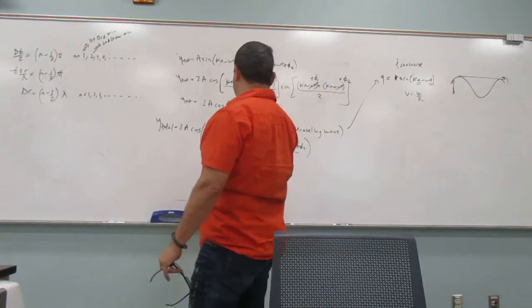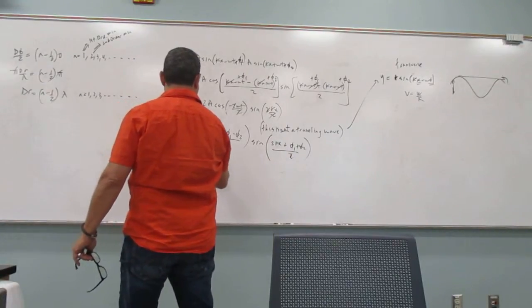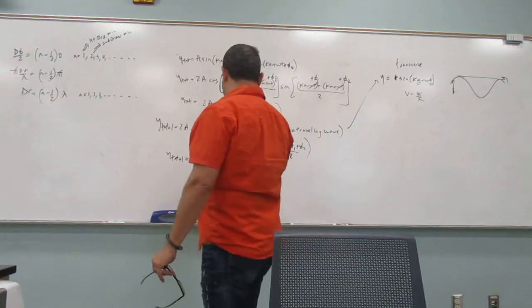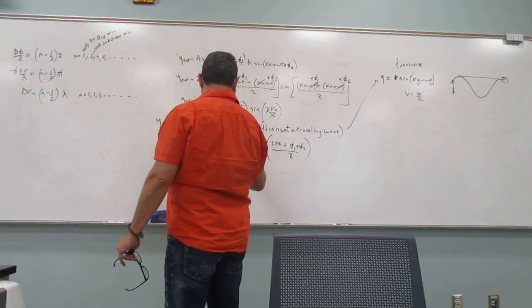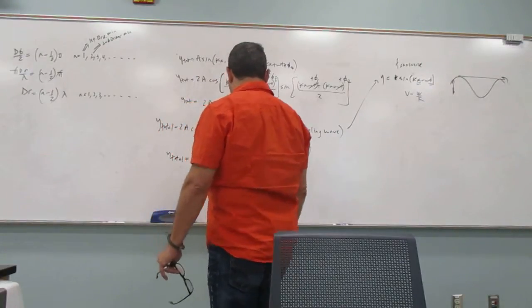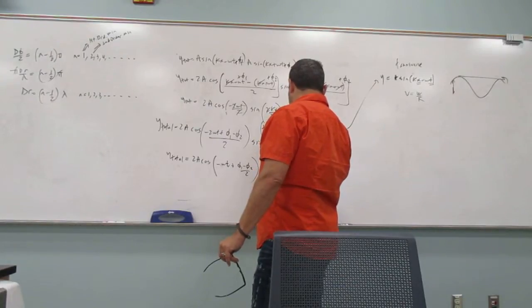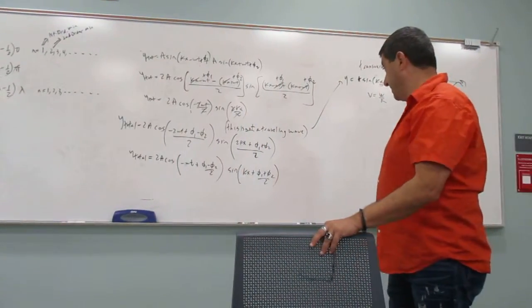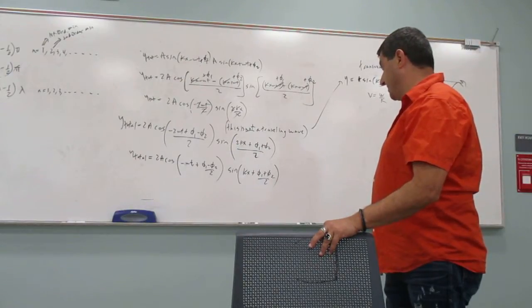Then you're going to have here this would be the most general scenario you would have. Sine of kx plus phi 1 plus phi 2 over 2, negative omega t.